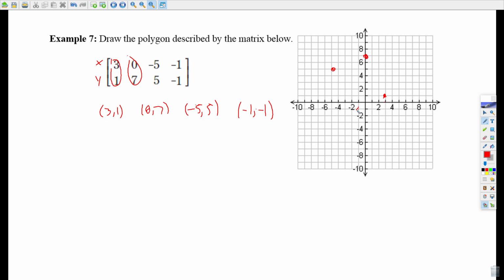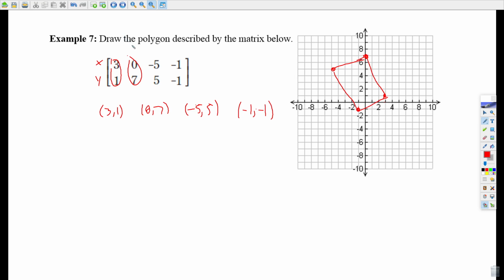It's down here. And then we're going to connect them in that order from 3, 1 on. So 3, 1 would draw a line to 0, 7 here. I'm not going to be able to draw them that straight, that's for sure. 0, 7 to -5, 5 would be here. And then we're going to go down to -1, -1. And then we connect it back. So it makes a polygon.